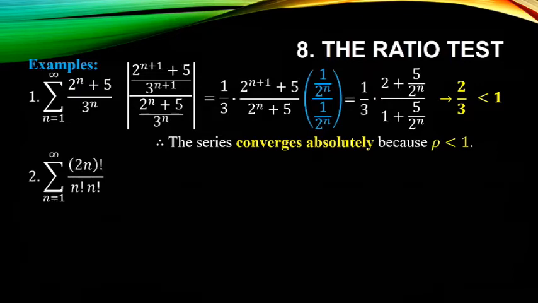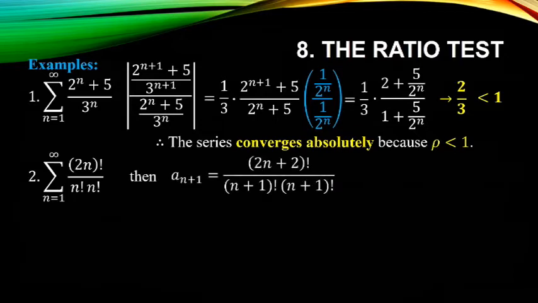Number 2, the summation of (2n)! over n! times n!. Then a sub n plus 1 is equal to (2n plus 2)! because we substitute n by n plus 1, so we distribute the 2. So the numerator would be (2n plus 2)! over (n plus 1)! times (n plus 1)!.